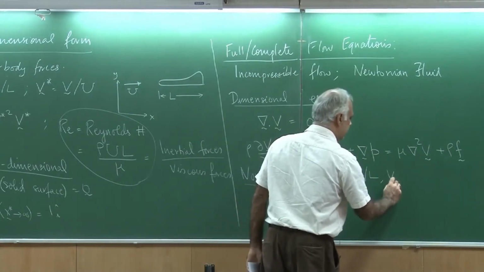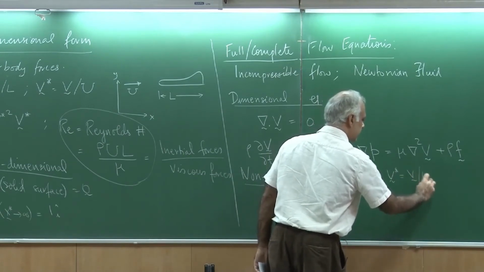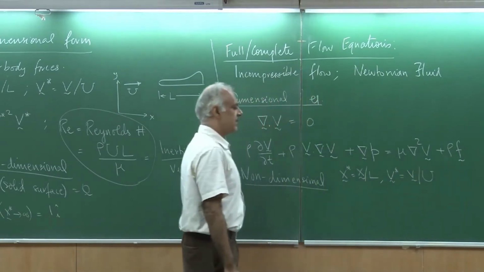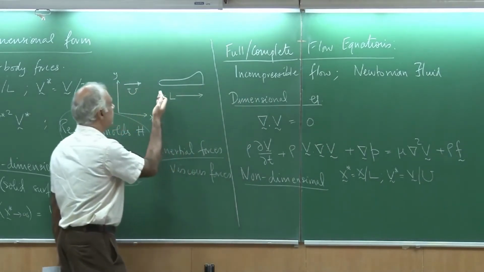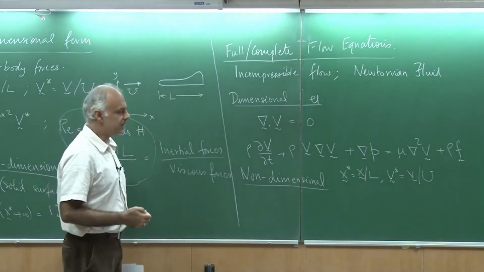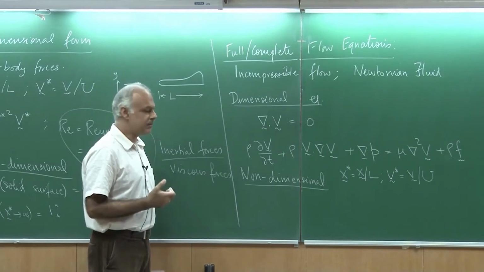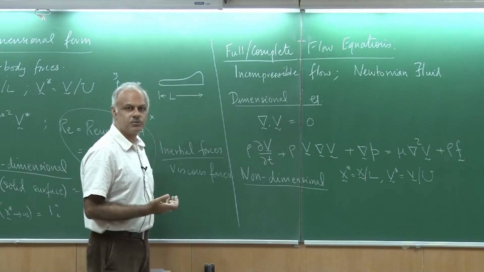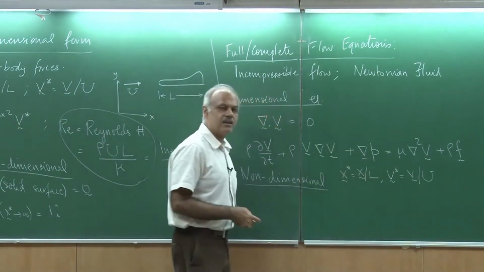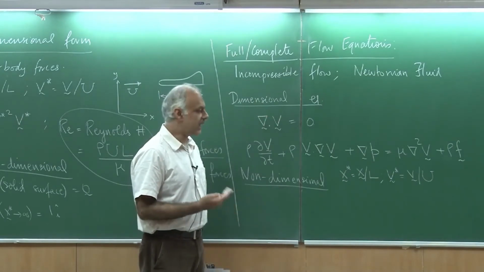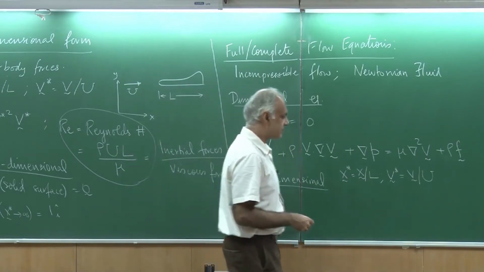Same thing for velocity, and the non-dimensional velocity is the dimensional velocity divided by u, and u is some kind of a characteristic speed. For the flow past an aircraft, it was the free stream speed. For flow in a pipe, I could talk about an average speed through the pipe, or maybe the speed at the center line. It's really up to me, but I have to be consistent. For the flow in a pipe, for example, the L could be the radius of the pipe or the diameter of the pipe. Okay, so it's really up to me what I choose these as.